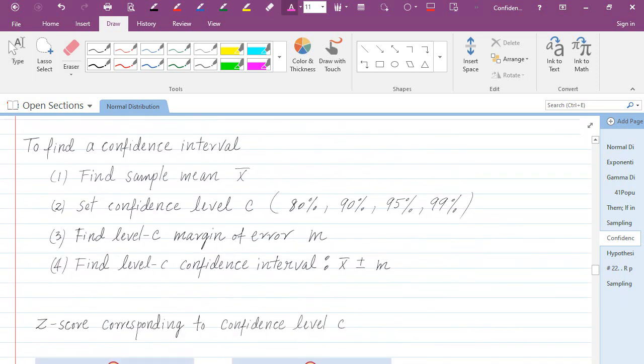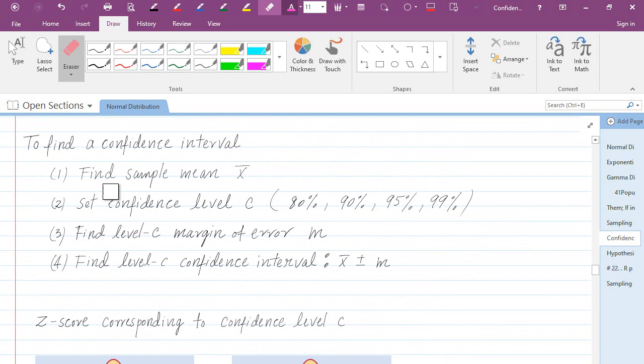So to find a confidence interval, the first thing we need to do is find the sample mean. So we have to take a sample, find the sample mean, and then set the confidence level.